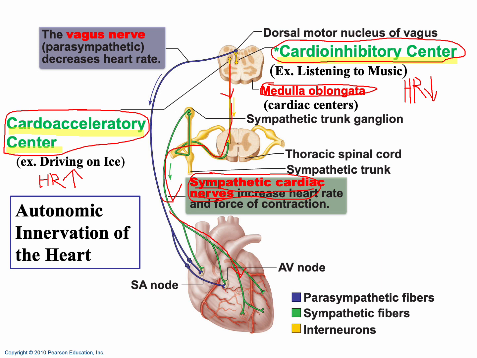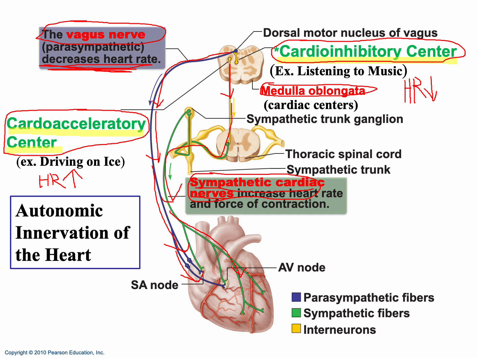So messages can leave the cardio-inhibitory center found up in the medulla oblongata and will go down a cranial nerve known as the vagus nerve. And the vagus nerve, the goal here is to decrease heart rate short term. So that's what we're imagining here. And ultimately then, heart rate will go down.